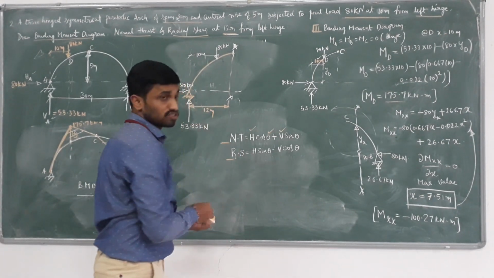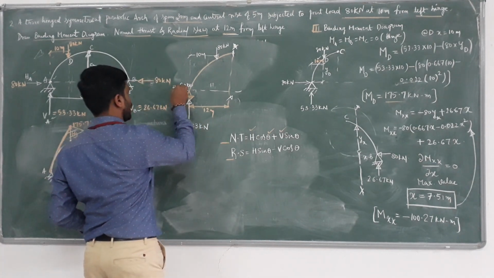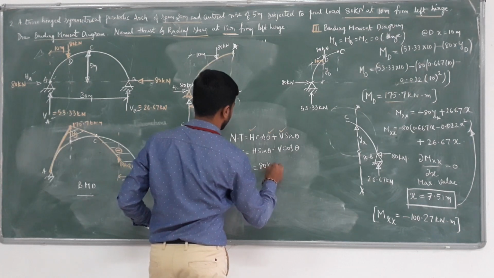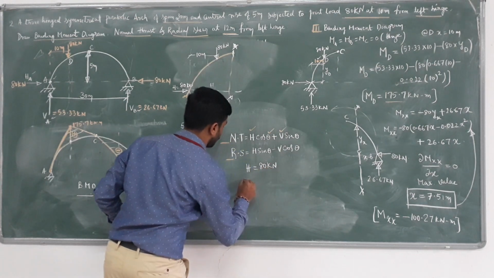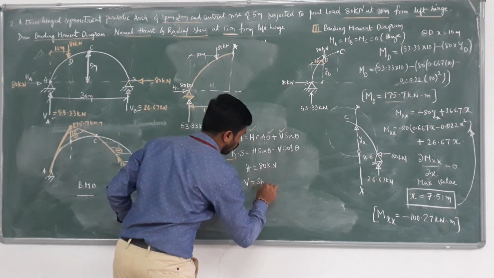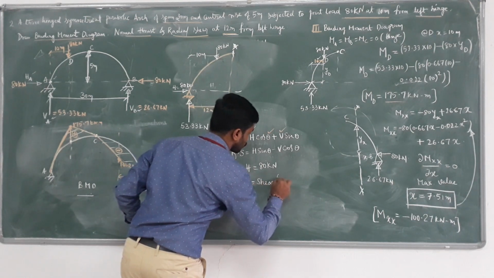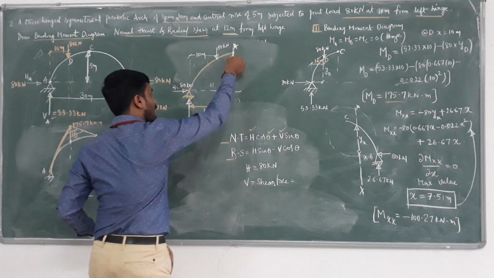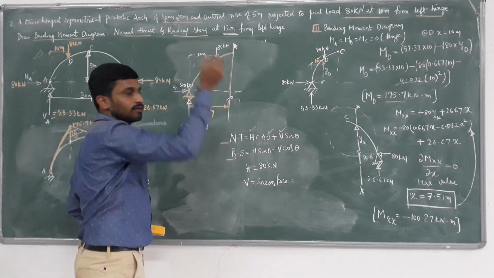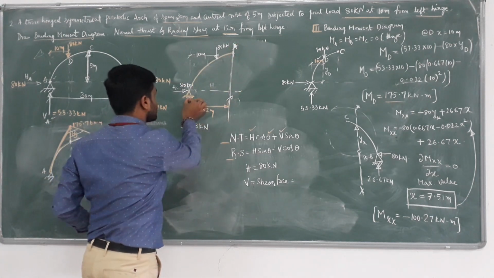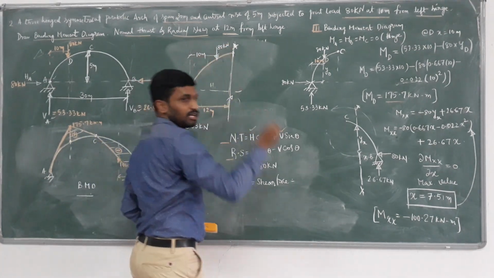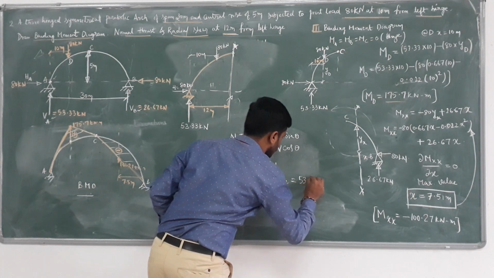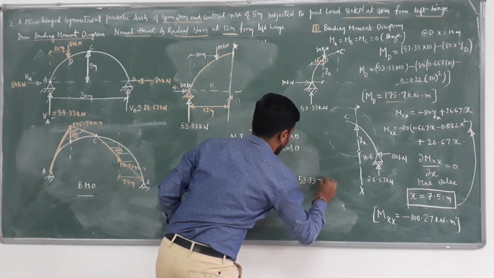The H value is known. H is 80 kilonewton. Now I want to determine V value, where V is shear force. I require to compute shear force at 12 meter span. So plus 53.33 minus 80.